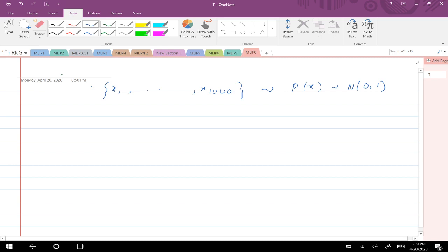Now the question is, the information given by p of x is much richer than the information given by the samples.